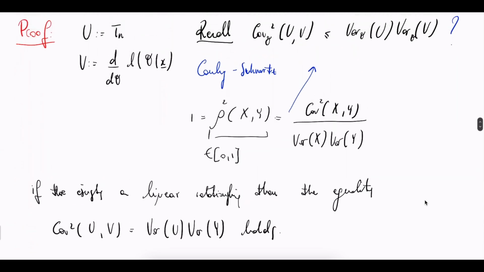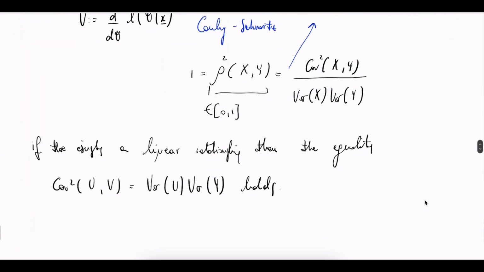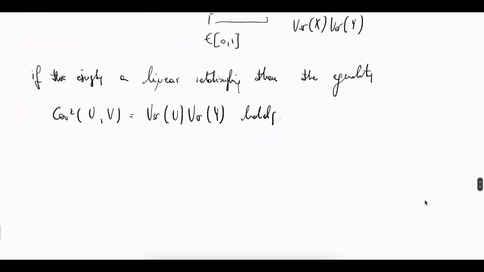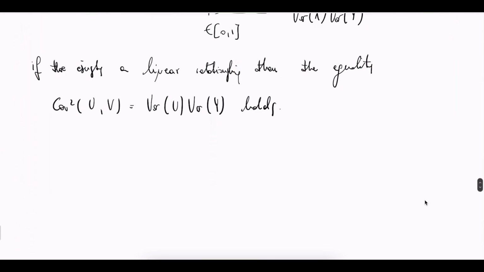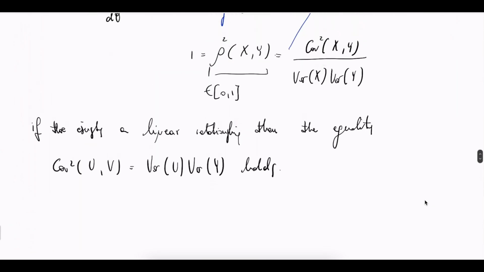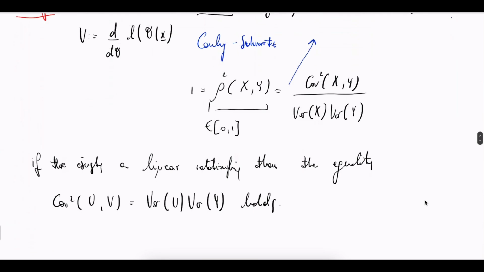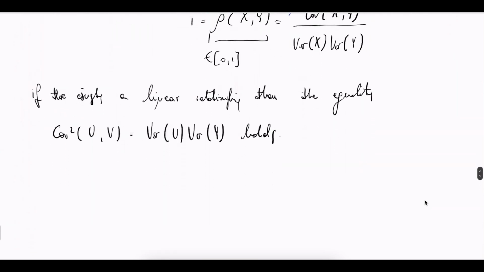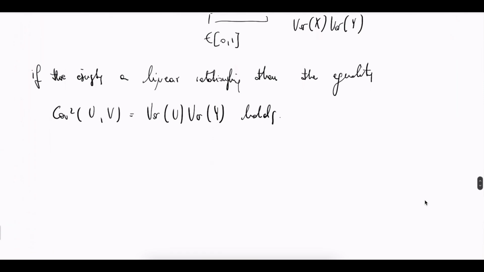From now on it's all basically computations, so we're going to go pretty quick. What have we written? We're saying this equality holds if and only if they are linearly dependent.